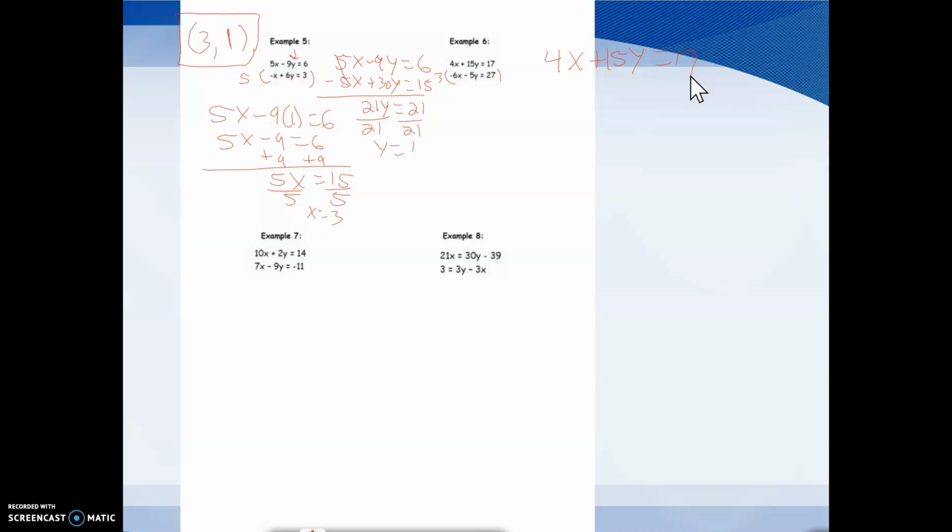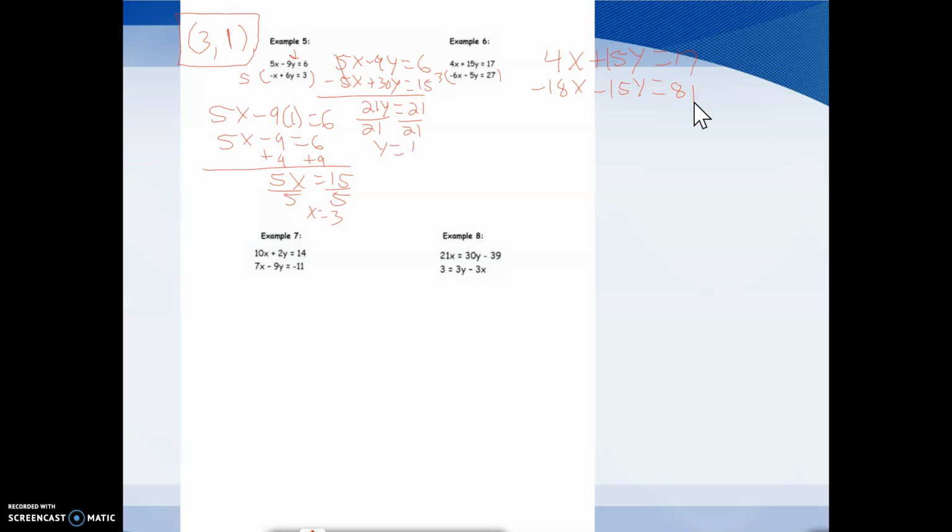So that's going to make this 6 going to make this negative 18x, okay? 3 times 5 is going to be negative 15y. And then 3 times 27 will be, what is that? 81, okay?